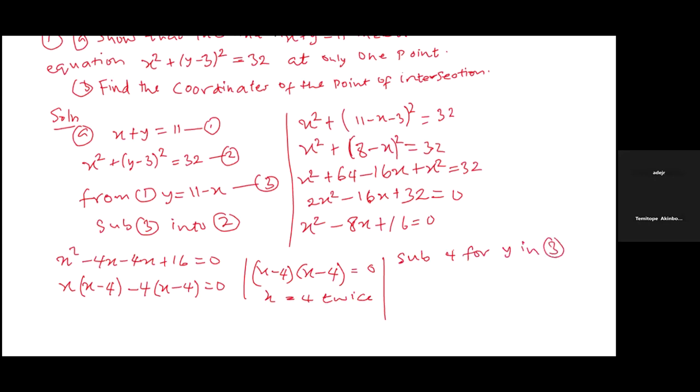Solve for x in equation 3. So you now have y equals 11 minus 4. So 11 minus 4 will give us 7.